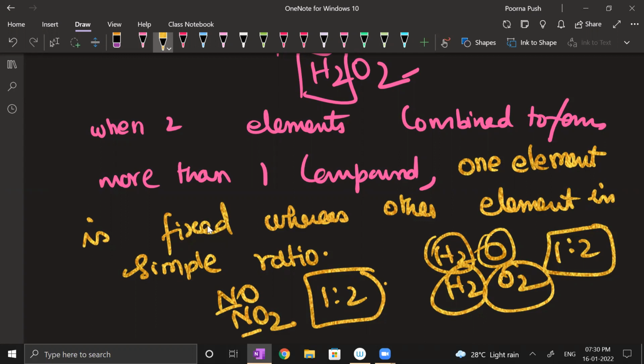Because H2 is fixed in both the cases, oxygen will be in the simple ratio. One element should be fixed, the other element should be in ratio.